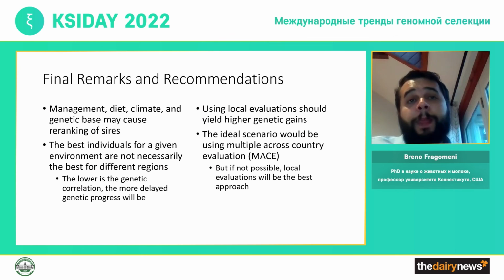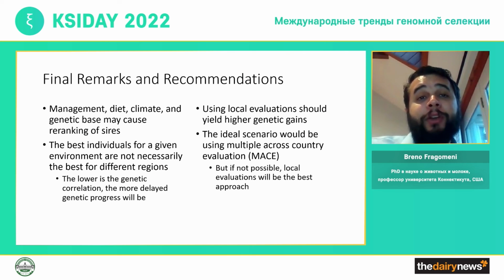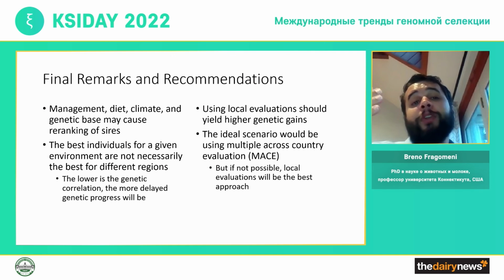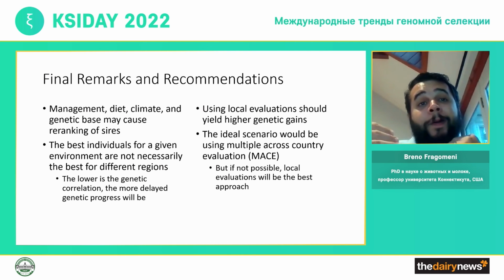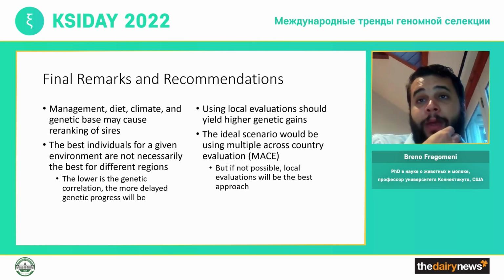So to conclude, management, diet, climate, and genetic base may cause re-ranking of sires, and we call that G by E when that re-ranking happens because of different environments. The best animal for a given environment is not necessarily the best for everywhere else. And as the genetic correlation for those traits decreases, the more different the best animals are going to be, which is going to decrease the rate of genetic gain.